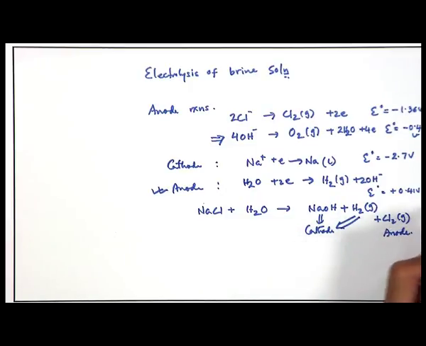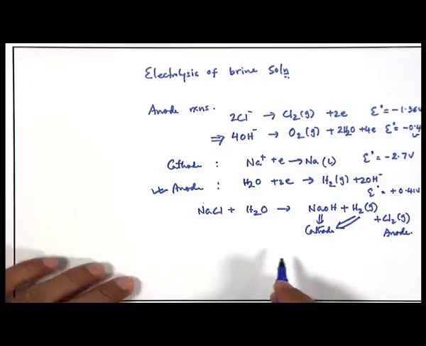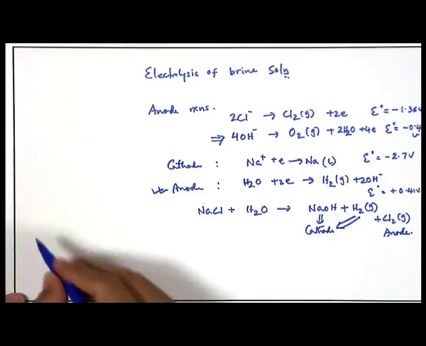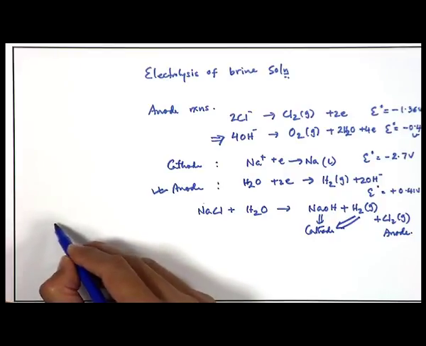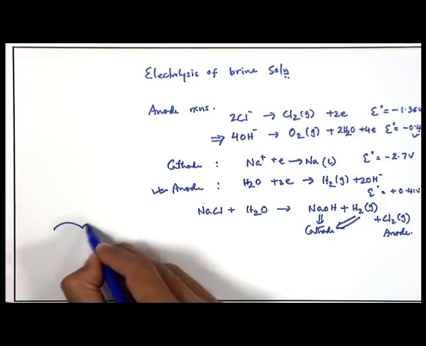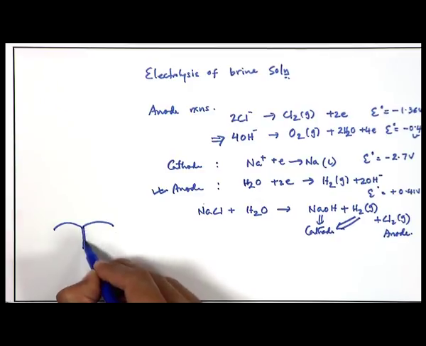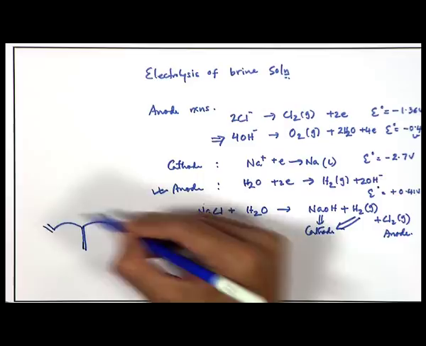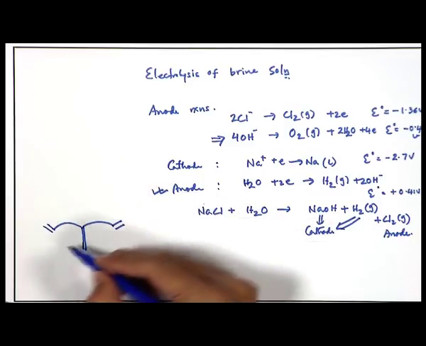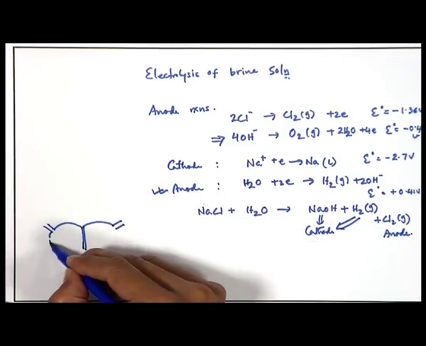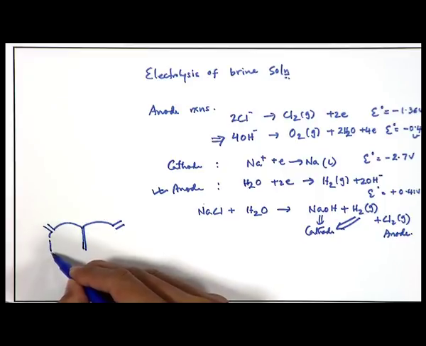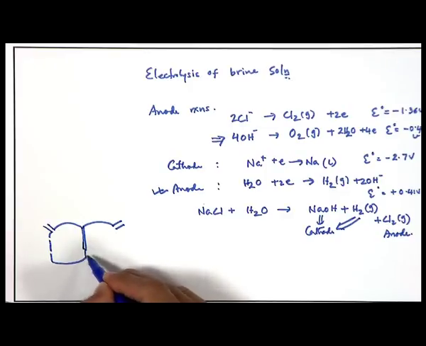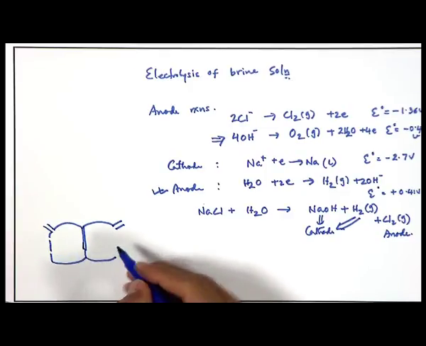Okay. So, this way, you put brine solution in, and basically the diagram looks like this. You have a sodium ion selective membrane over here, it looks like this.